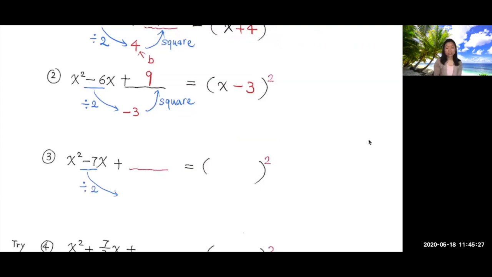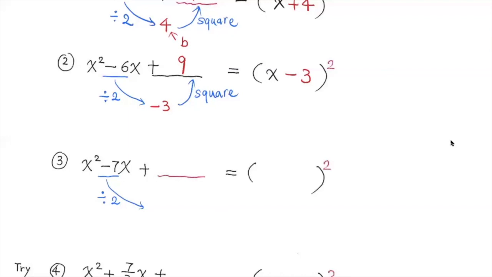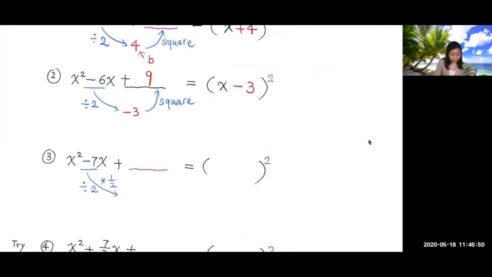Divide by 2, what do I get? -3.5. Yes, you got it. Dividing by 2 is also the same as multiplying by 1/2. So you get negative 3.5, or you can put negative 7 over 2. If you put negative 3.5, it's also correct. But now we're going to square.